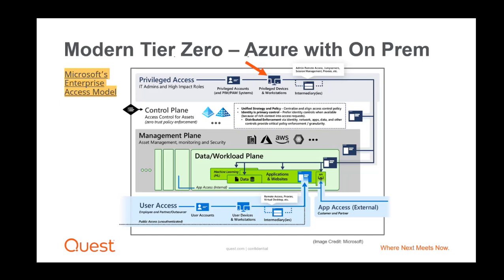And this is combined with Azure, but it relates to on-prem and Azure, where my administrative staff, people that have access to domain controllers and privileged servers, ones that if they were taken over or accessed, could essentially give the keys to the kingdom to the attacker, need to be only accessed on privileged access workstations, and there should be two-factor, and there should be privilege access management, and just in time.